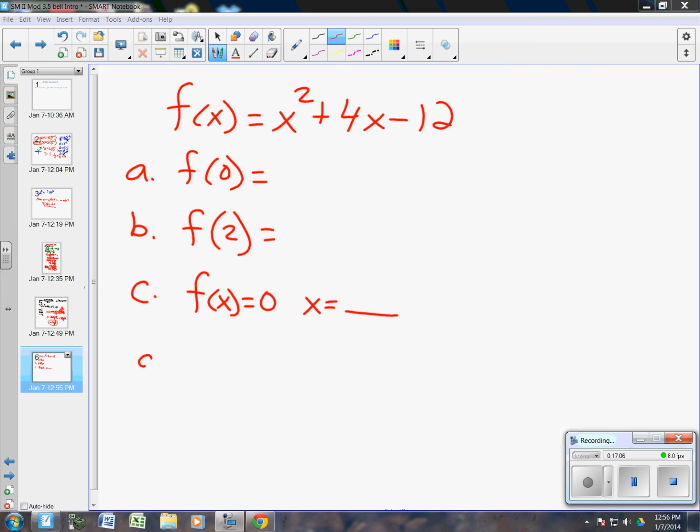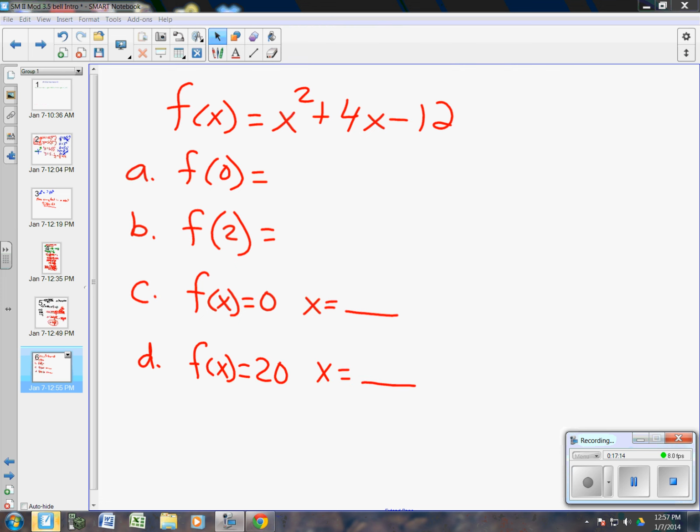And the last part tells you to find f of x equals 20. And what is x equal to? Now, if you notice, this one right here, putting 0 in for x is just finding the y-intercept. So everybody, right by the first one, write that this is finding the y-intercept.